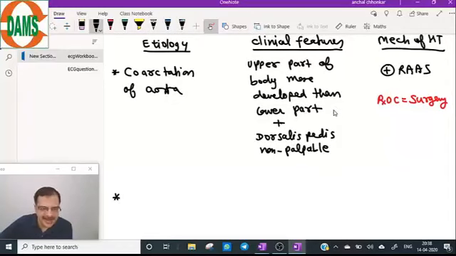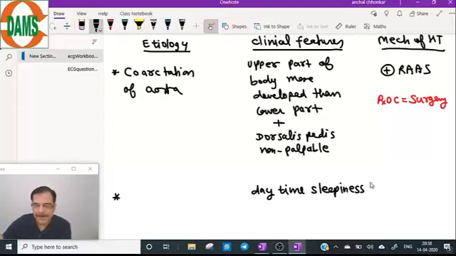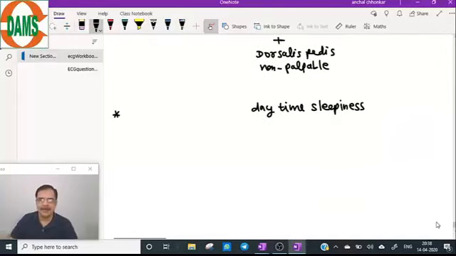The clinical feature given is daytime sleepiness. The patient has daytime sleepiness with a history of excessive snoring.